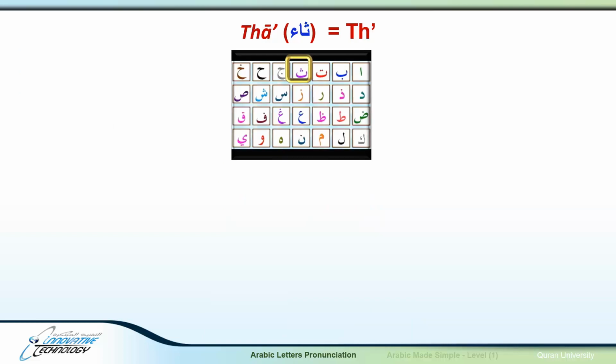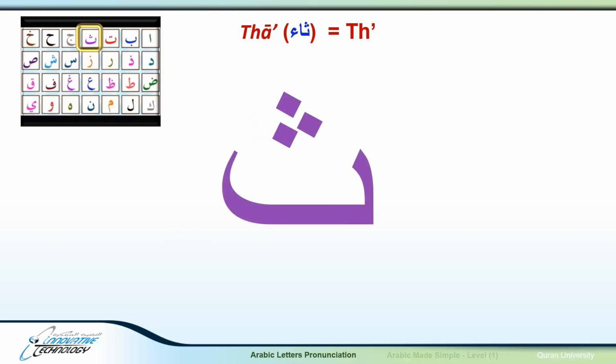Tha looks like this. It is similar to the Ta, but with 3 dots on top of it instead of 2. And it is similar to the English TH, as in think. Actually in English there is no single letter that represents this sound, but a combination of 2 letters, a T and H following each other.